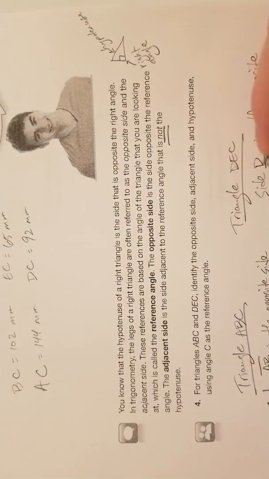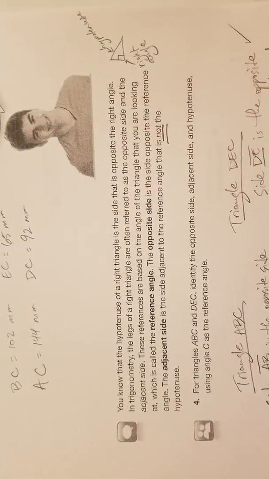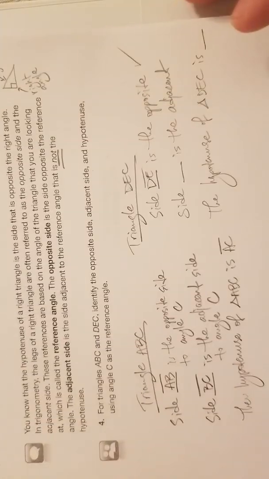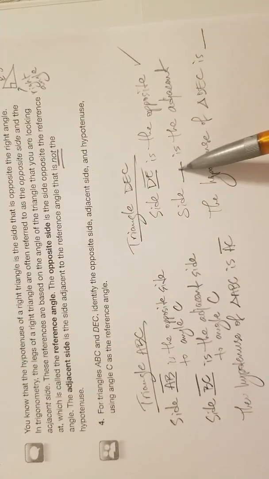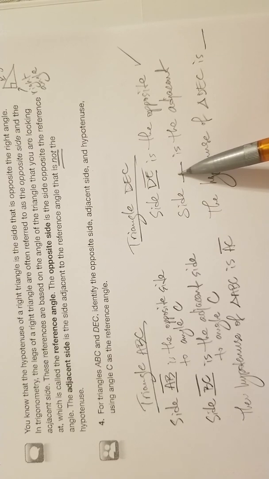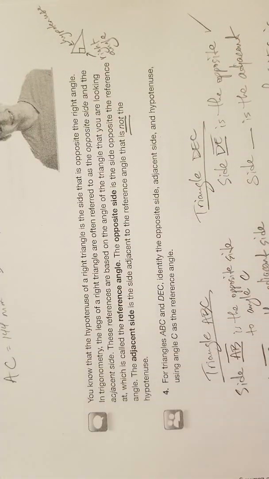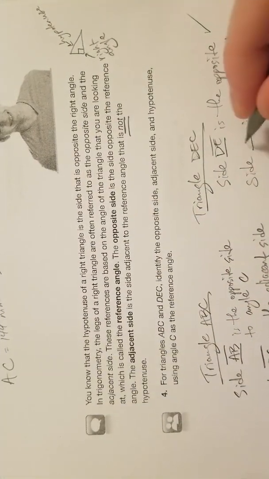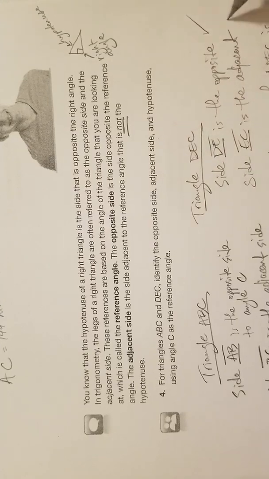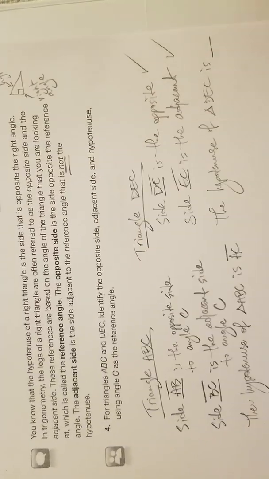Okay. Give yourself a little point if you got it correct. Now, write down which side is the adjacent side of angle C. Okay, let's check. Angle C, the adjacent side is EC. If you put EC, give yourself a little check. All right.